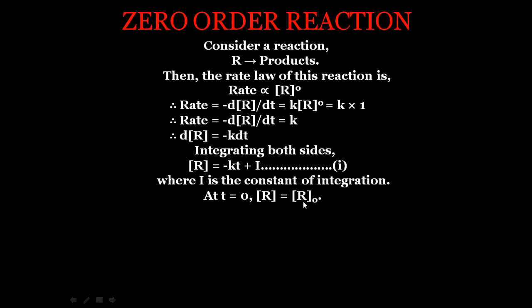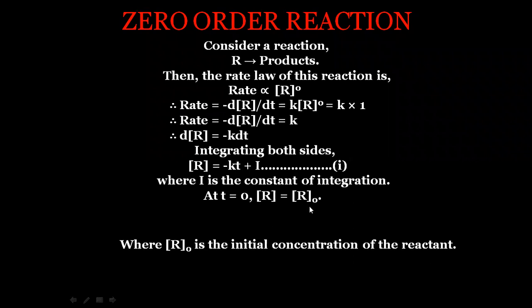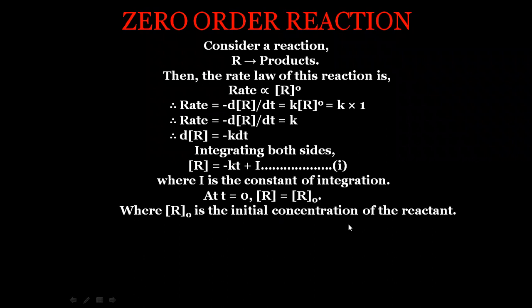R is equal to R naught. Now what is this R naught? When time is equal to 0, nothing has reacted. So whatever is the concentration of R will be equal to the initial concentration. So R naught is the initial concentration of the reactant.